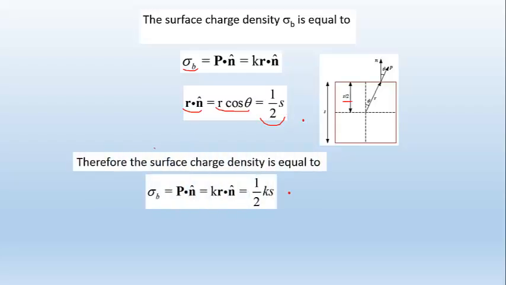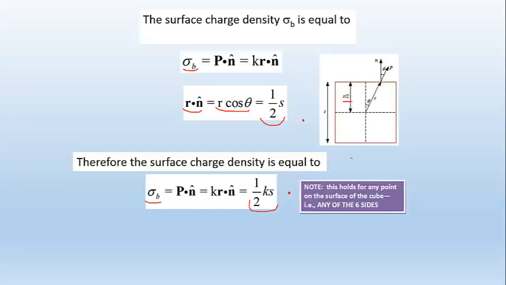So now if we take the surface charge density to be this quantity here, what we find is that it's constant. It does not depend on r and theta along the surface. So we have a constant sigma b, and so everywhere on the surface of this cube it's a constant sigma b.